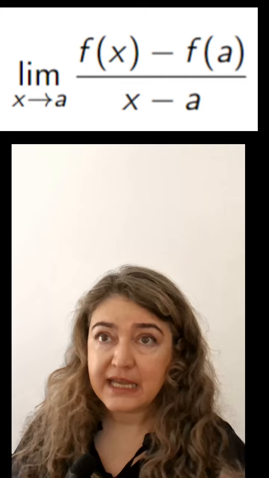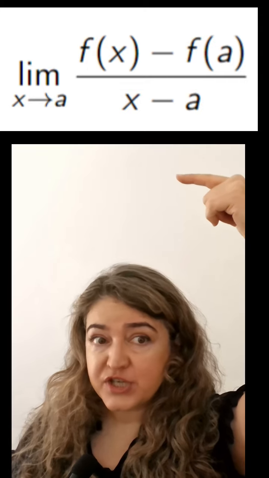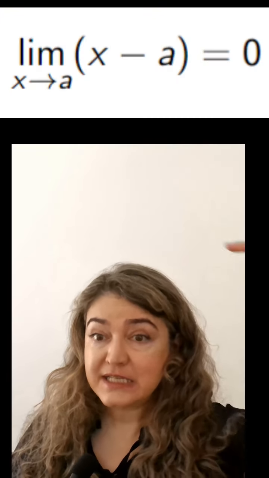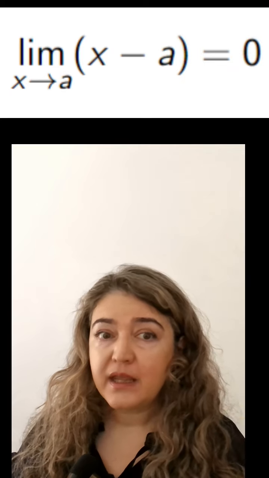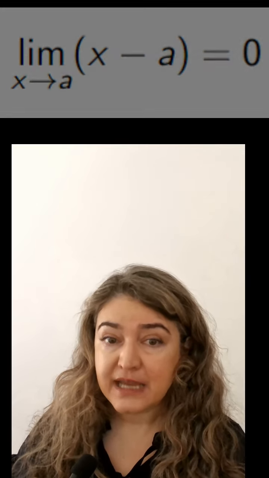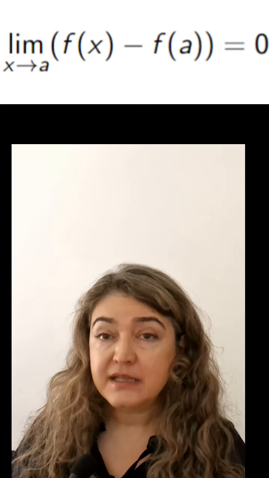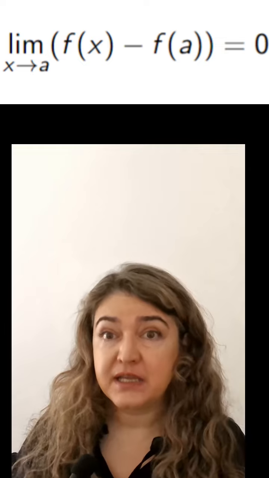Notice in this limit of the difference quotient, the limit of the denominator is always 0. If the expression is of the form 0 over 0, then the limit of the numerator has to be 0 also.